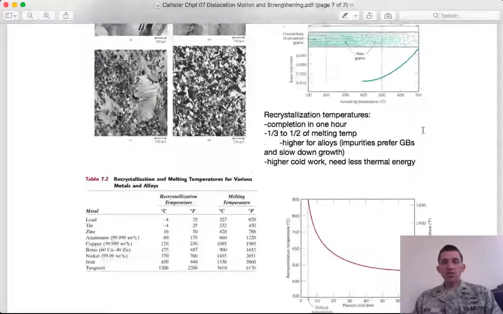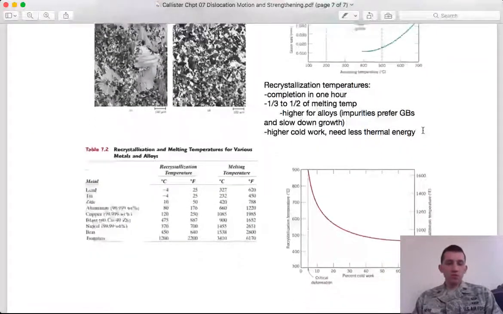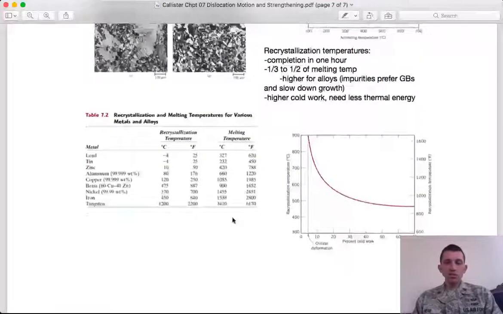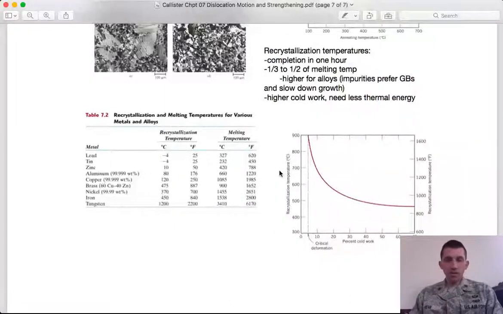And these recrystallization temperatures are usually on the order of 1/3 to 1/2 of the melting temperature, and this would be in Kelvin, so not in degrees C. Just if you don't remember, you convert between the two by adding 273 to the degrees Celsius to get the Kelvin.